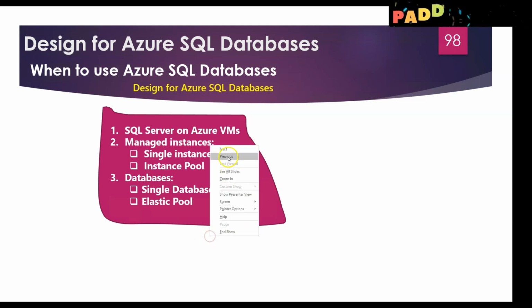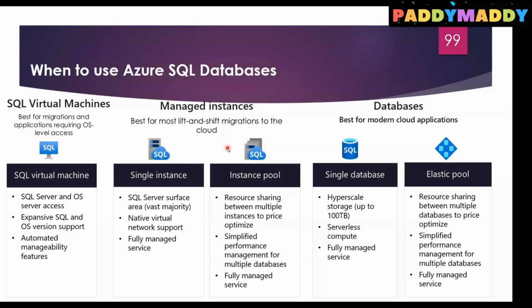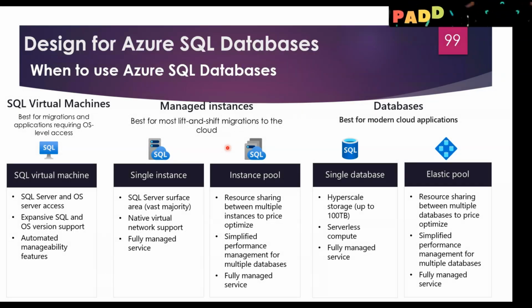Let me differentiate by presenting the same data another way. If you look here, on the virtual machine you can create and install your SQL version of the software. So you're going to pay the cost for your virtual machine as well as your SQL Server, and it's going to be expensive because of the SQL and OS version support.